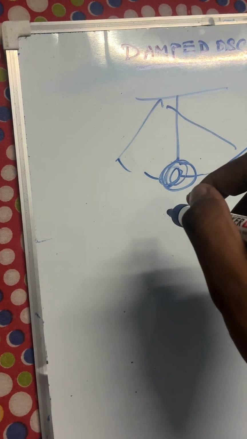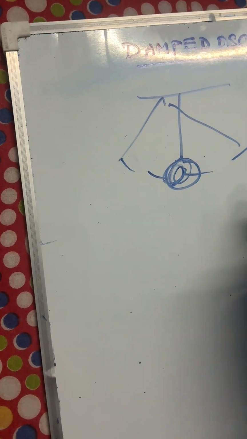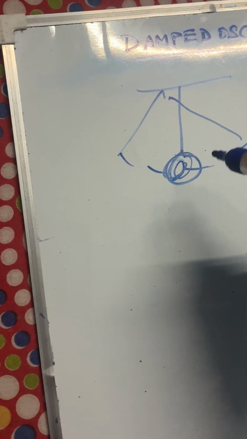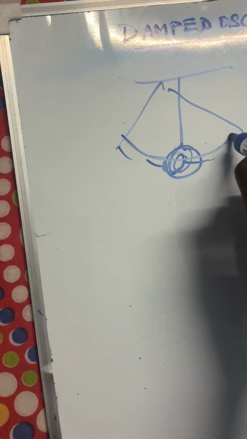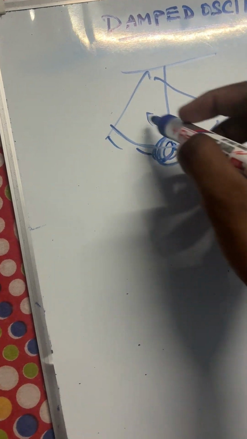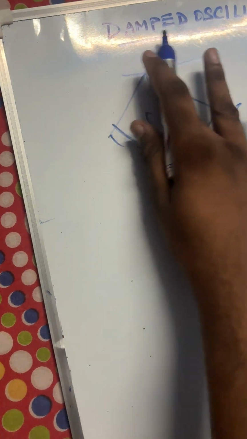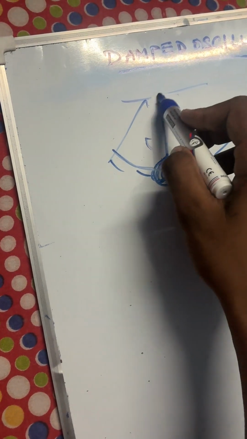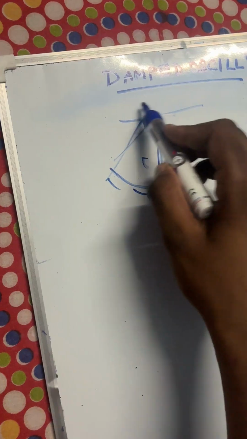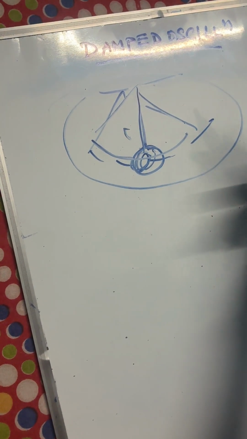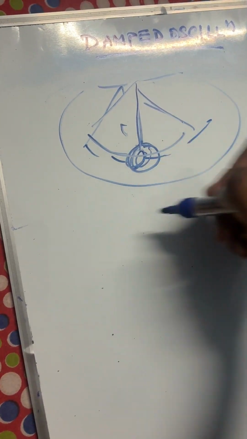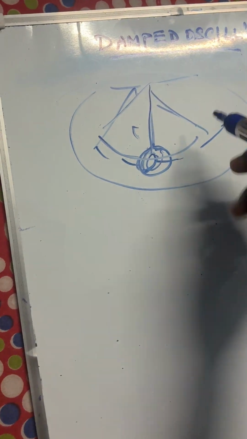It's called the damping force, and it has the effect of reducing or preventing the oscillation of this pendulum. So damping is an influence under which the oscillating system has its oscillation reduced, right?